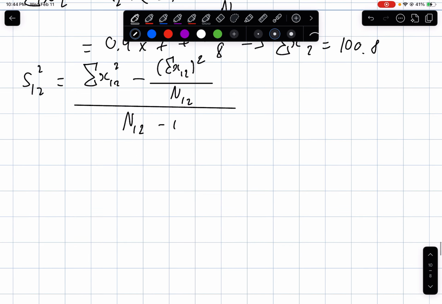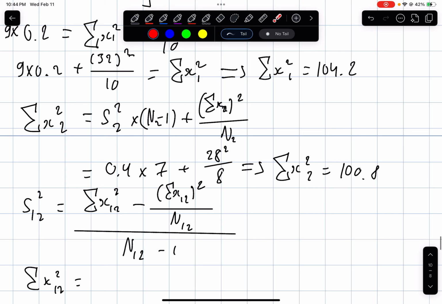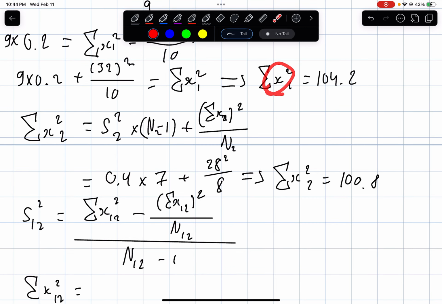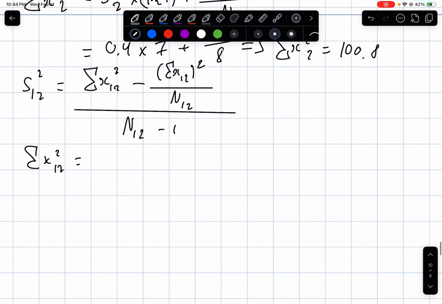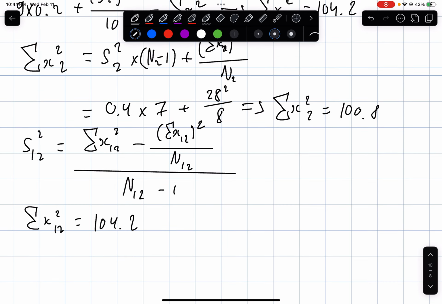So we can start replacing. The sum of x squared 1, 2 is equal to our sum of x1 squared plus our sum of x2 squared, which is 104.2 plus 100.8, which gives us 205.